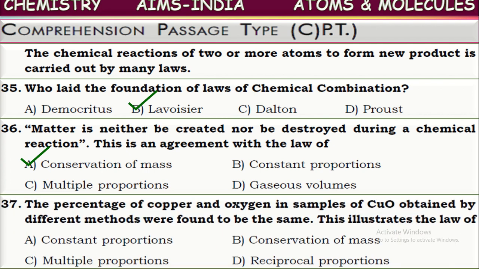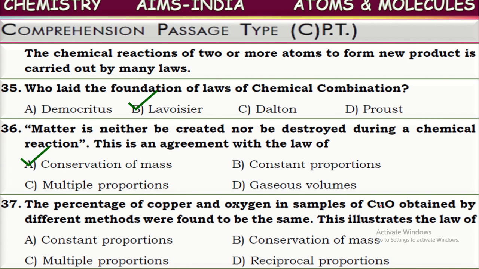Okay, next question. The percentage of copper and oxygen in samples of copper oxide obtained by different methods were found to be the same. This illustrates the law of. So what is the statement given here? See, the percentage of copper and oxygen is the same in all the samples of copper oxide collected.